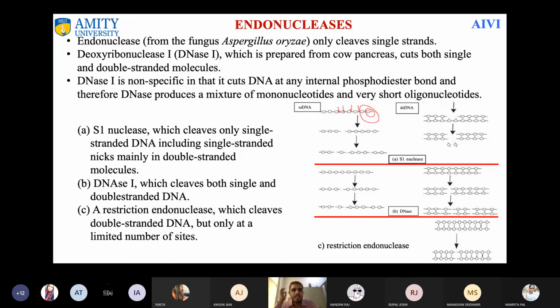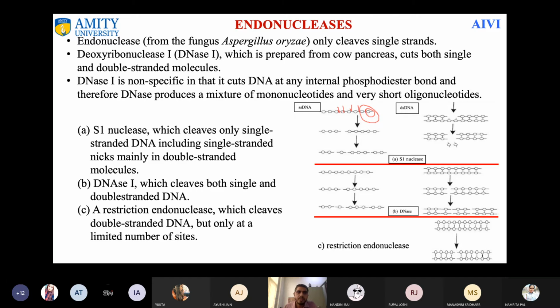But for the one thing that we are discussing here, the types of endonuclease. As described earlier, two types of endonucleases are there. One cuts a single strand, and second cuts double strand. So here also two types are there.